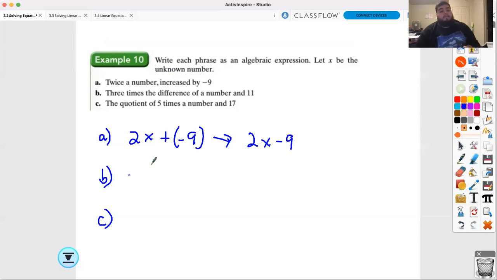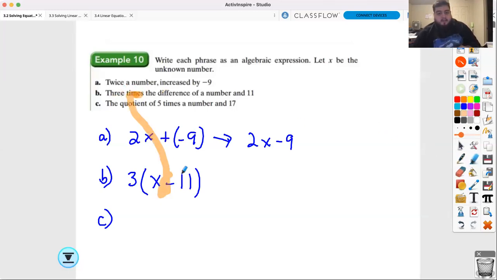Now for B, 3 times the difference. So it'll be 3 times, so multiplication, right? And parentheses is multiplication. The difference of a number and 11. So a number and 11, there's a difference. So they want us to multiply that. So it'd be 3 times.